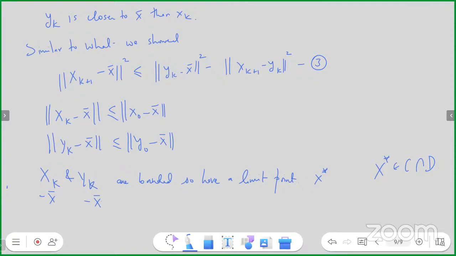So, bounded. So let xk minus x bar have a limit point x star. By closedness of C, that implies x star belongs to C. That much is fine. Okay.